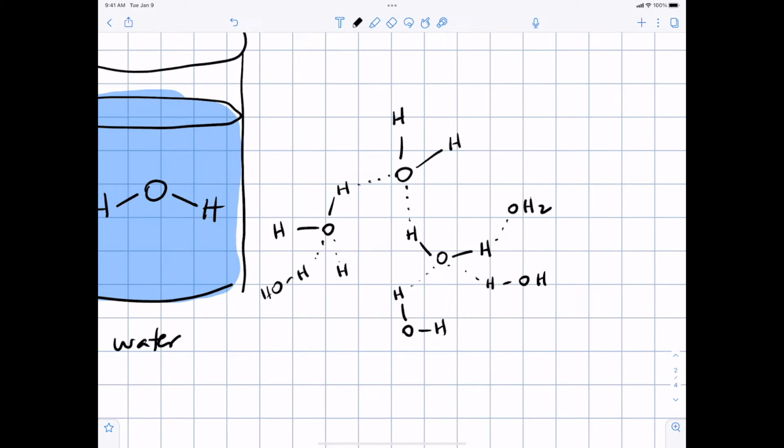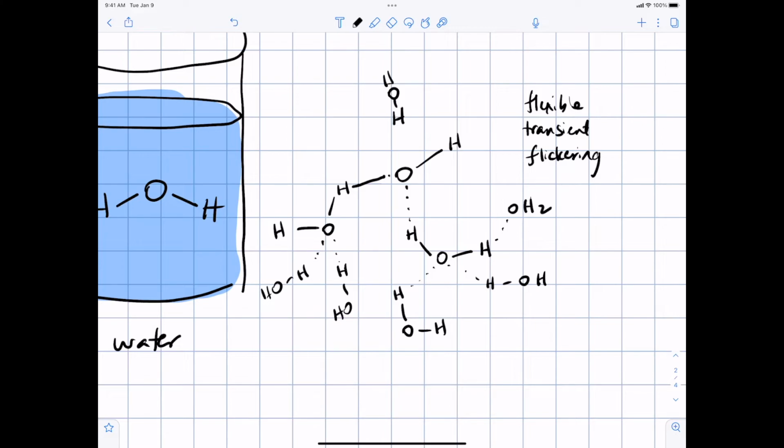And understand that this network is flexible and transient, and sometimes people call it flickering, in the sense that without a lot of change, you can trade who's hydrogen bonded to whom. That is, this hydrogen might now be involved in a covalent bond, and this one might be picked up by another water molecule.